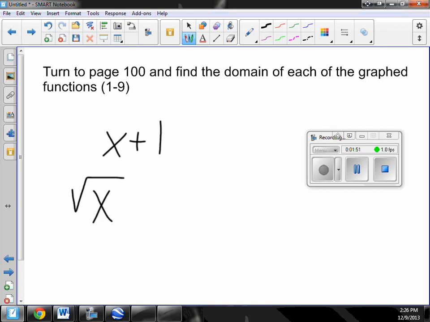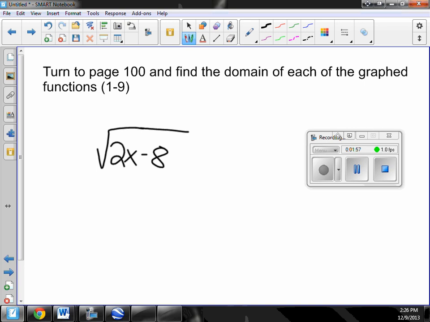So if I had a different square root, say the square root of 2x minus 8, what numbers am I allowed to plug in and which ones am I not allowed to plug in? Any negative number is going to be a problem. Are there any positive numbers that are also a problem?